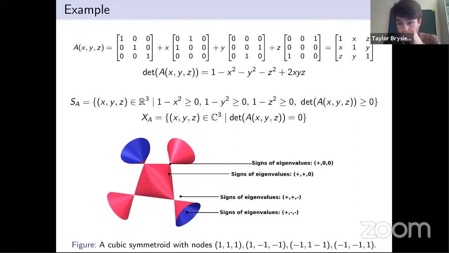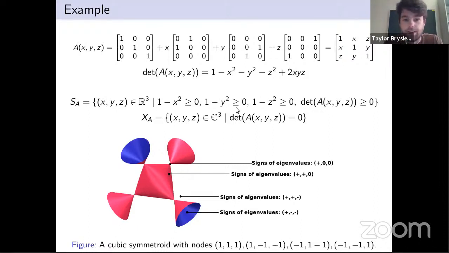Now let's think about what happens as I try to leave the spectrahedron. I'm a matrix, I live inside a spectrahedron, and I'm going to start walking toward the boundary and start leaving. Well, to leave the spectrahedron, I have to not have all positive eigenvalues. One of them has to switch, which by the intermediate value theorem says that eventually one of my eigenvalues has to be 0, and so I'm going to be a singular matrix.